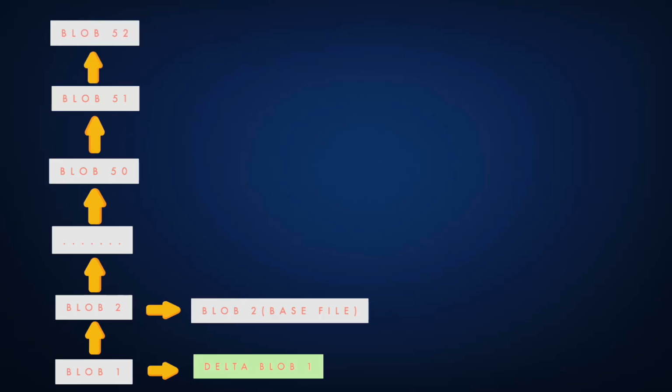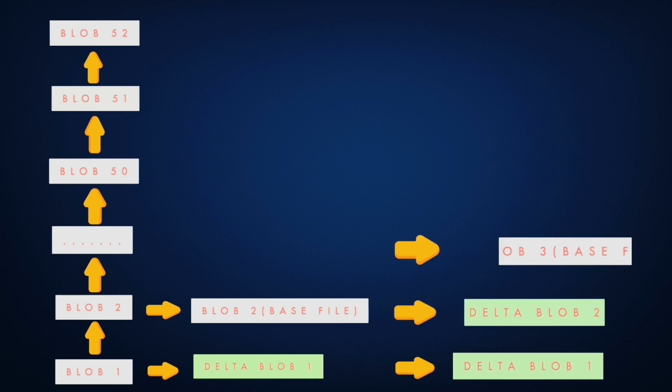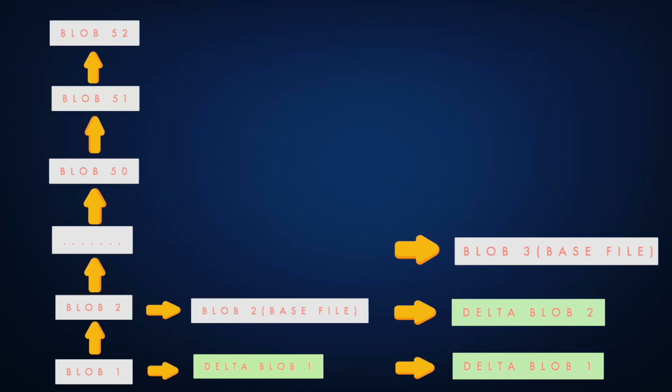So from the second to the 52nd blob, I have all the blobs, and the first blob is the delta file. Now for the second blob I will again create a delta file. So I will keep the third blob as the base file, and for the second blob I will create the delta file, right?